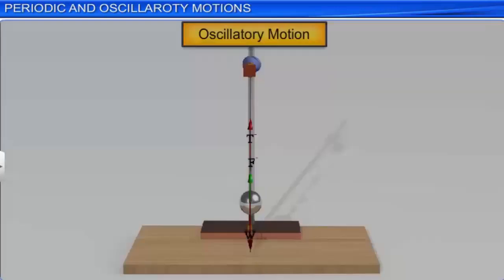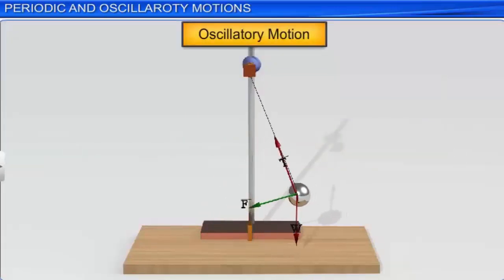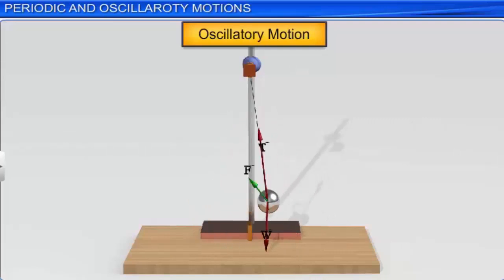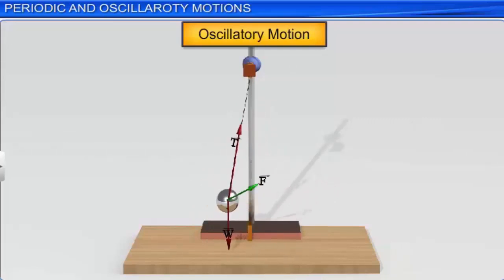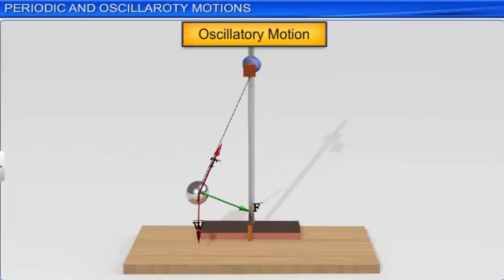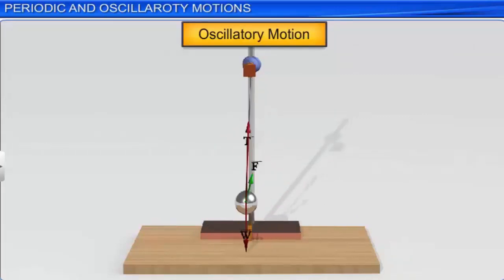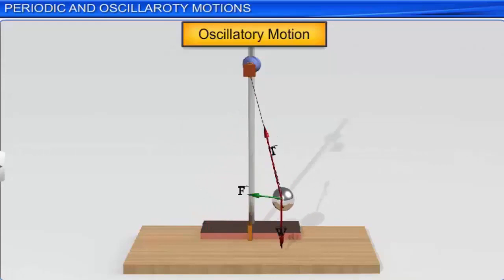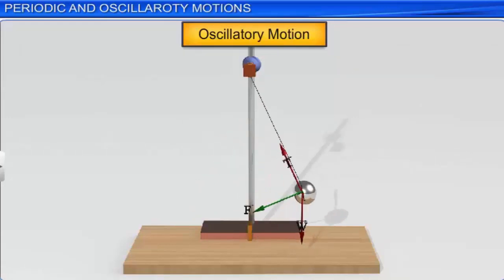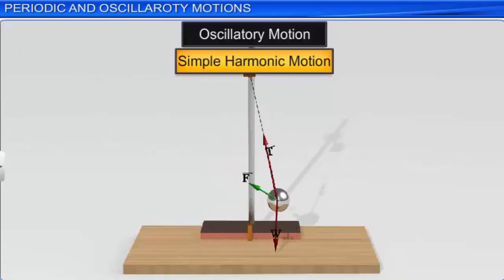In the simplest form of oscillatory motion, the restoring force on the body is proportional to the magnitude of displacement, but is opposite in direction to the displacement from the mean position. This type of motion is called simple harmonic motion.